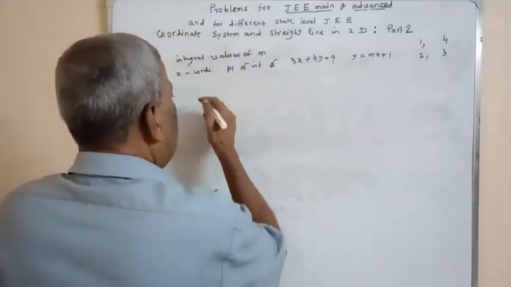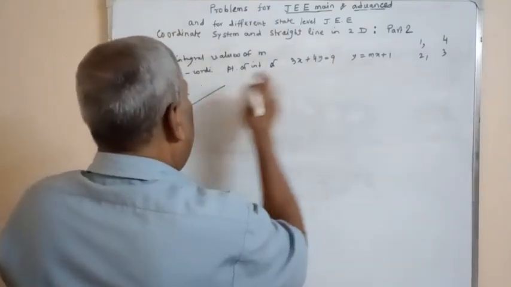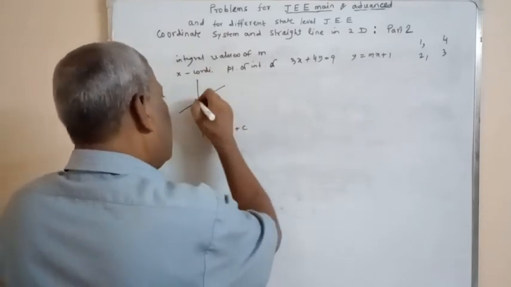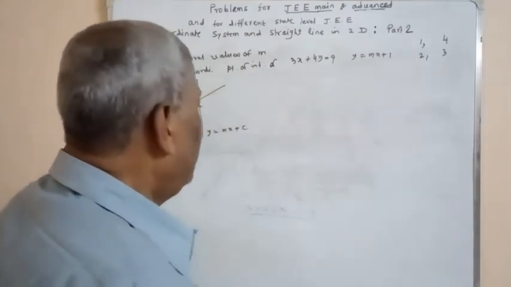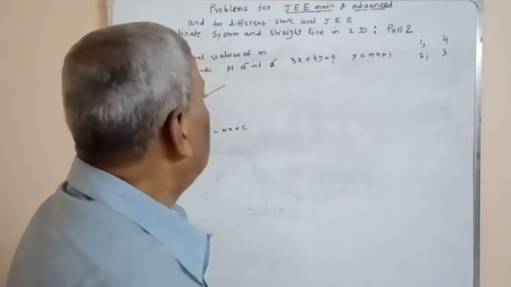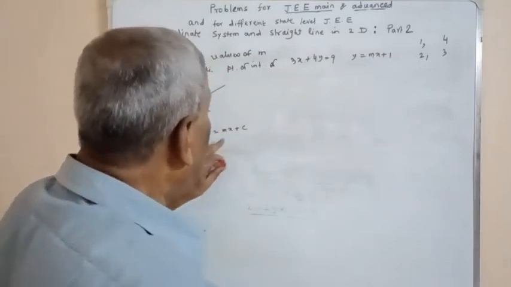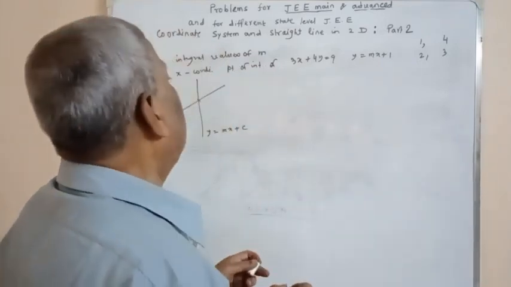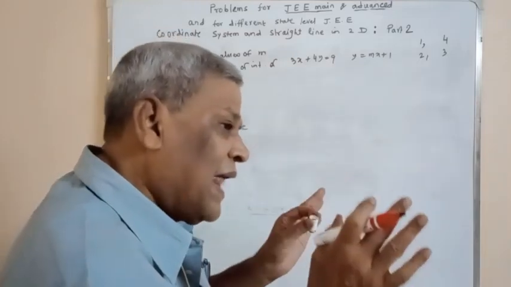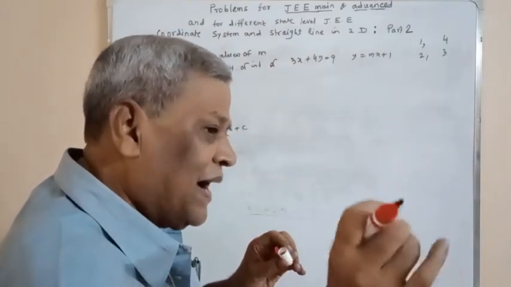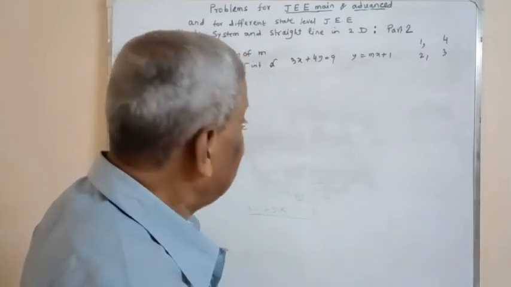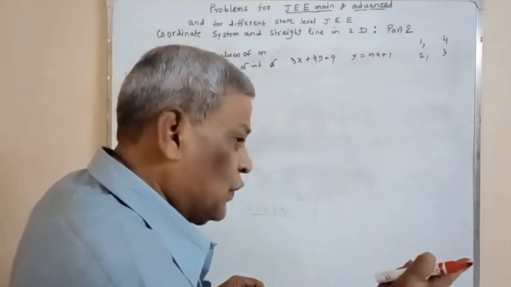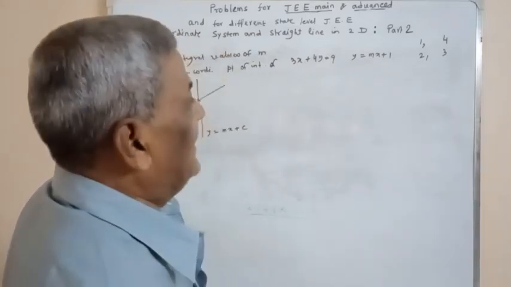Suppose this is the first straight line and this is the second straight line, y is equal to mx plus c. They will meet at a point. The meeting point will contain m. So we have to find how many integral values of m there are, such that in that point of intersection, the x coordinate is also an integer.